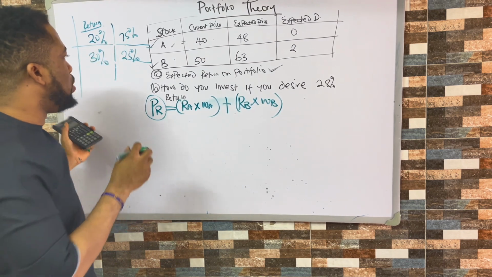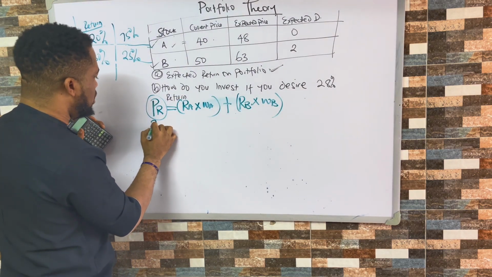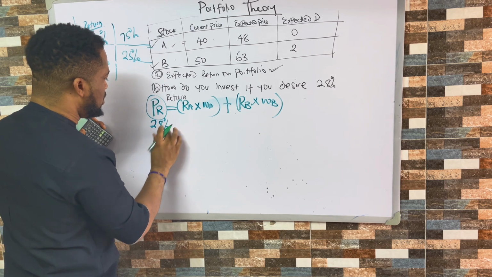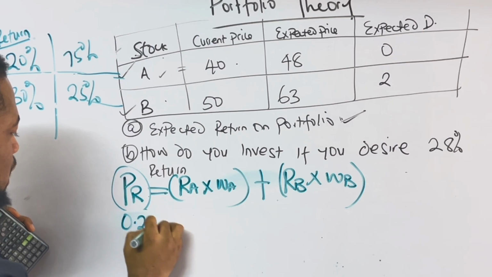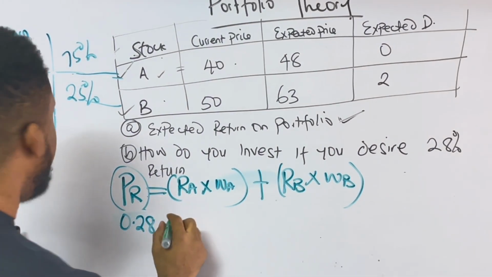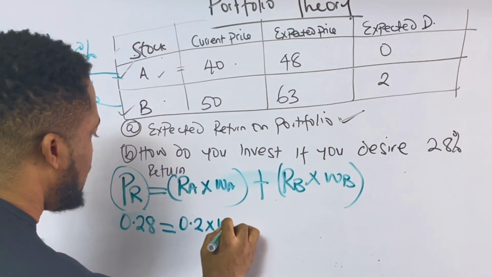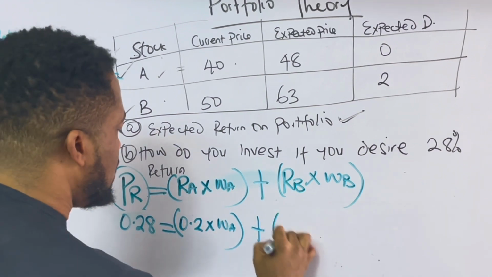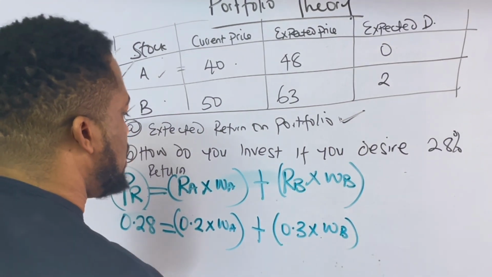Now let's look at it. If they have 28% as target, this equals 28%, right? So let me just put 0.28. 0.28 equals, now, return of A is 20%, so 0.2 multiplied by weight of A, plus return of B is 0.3 multiplied by the weight of B. All right.